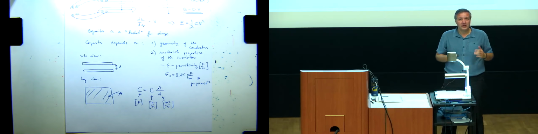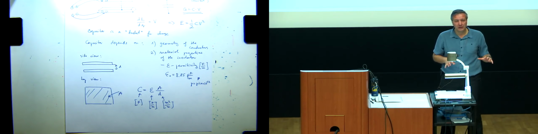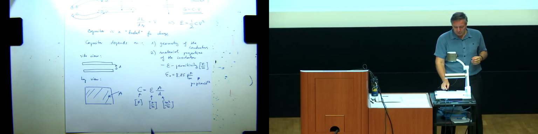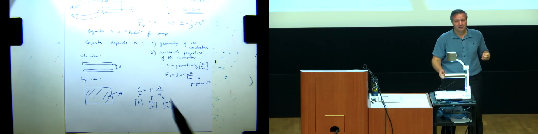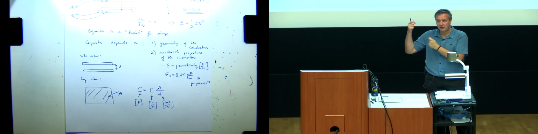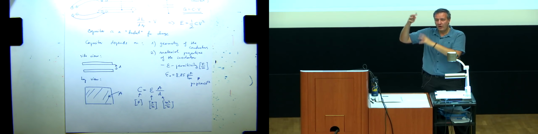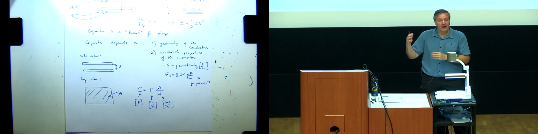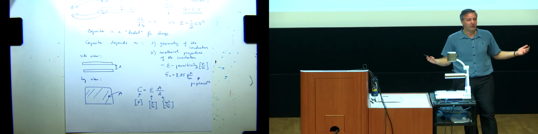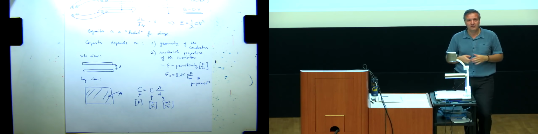So what you're going to get in your problems, usually, there's going to be some physical design from which you need to extract the capacitance. Once you extract the capacitance, you will also, from the physical design, have to extract the equivalent circuit model, meaning where are the capacitors, etc., and then apply some circuit analysis. And that's going to happen over and over and over again in this whole capacitance module. Okay, thanks.